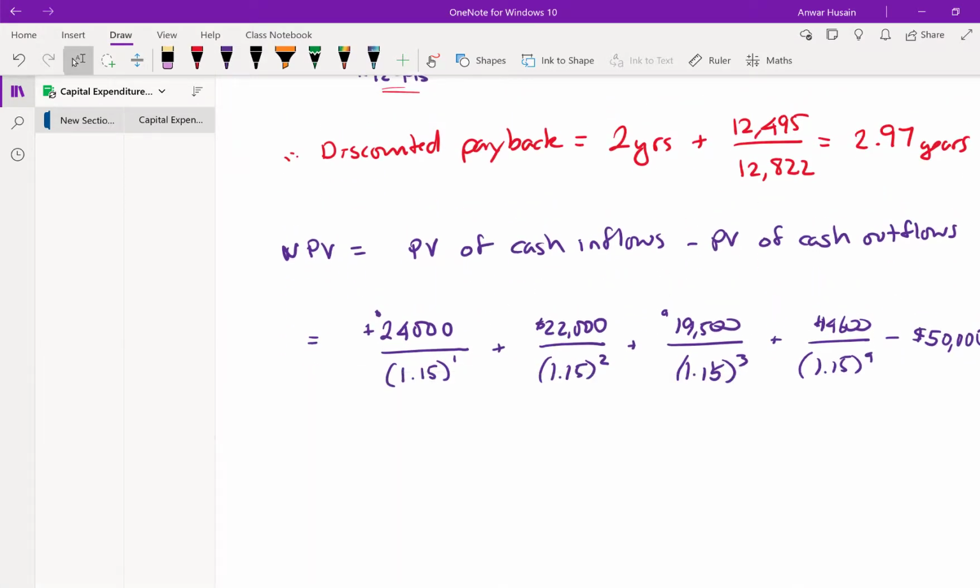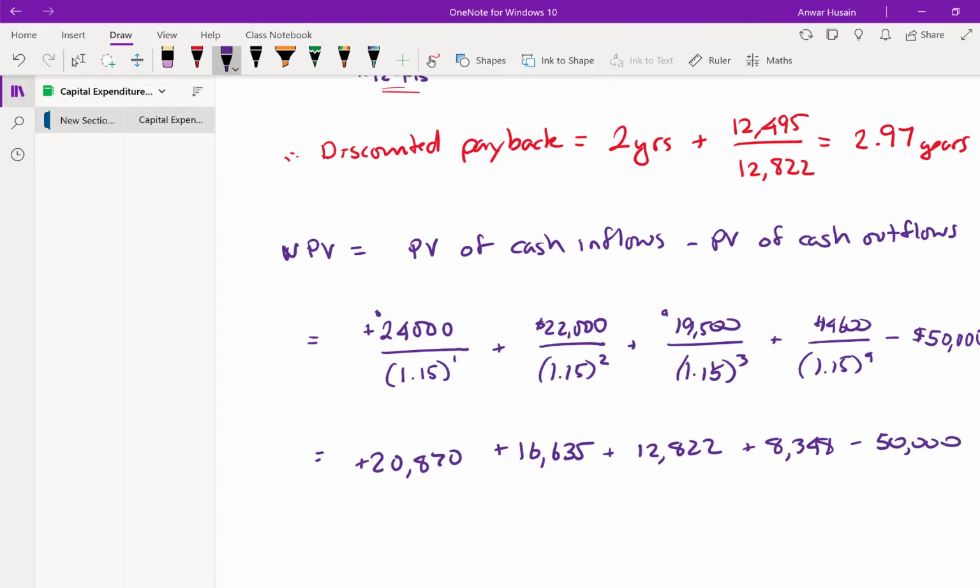If we were to write all of these out, it's going to be the same as what I wrote at the top here, but I'll just redo it. We're going to have $20,870 in year 1, plus $16,635 in year 2, $12,822 in year 3, and then $8,348 in year 4, and then subtract the original cost of the investment.